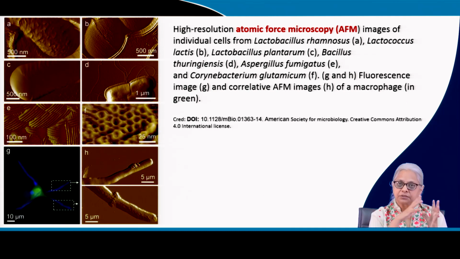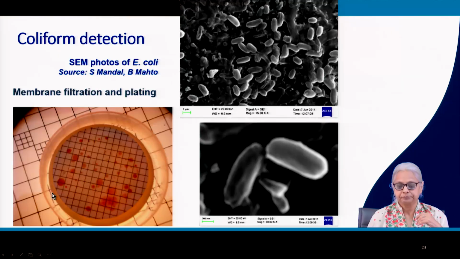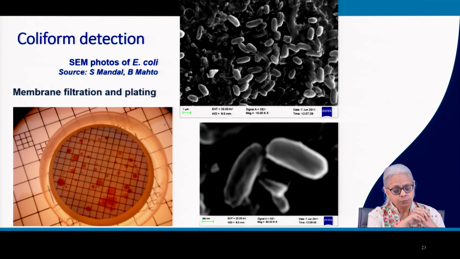So it takes a combination of 2 or 3 methods to understand more about any particular species. So these are atomic force images. Then we have a fluorescence microscope image and another correlative AFM image of a macrophage. These are other outputs from our lab.